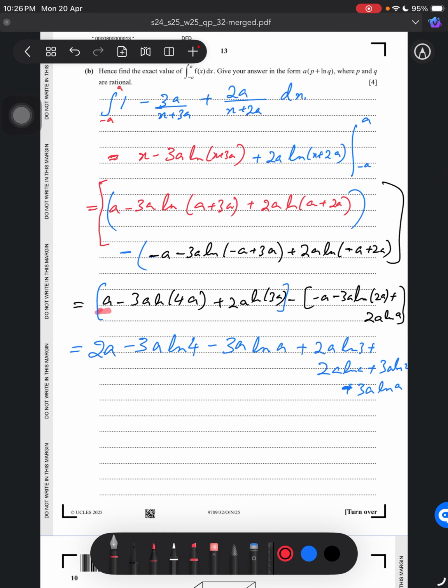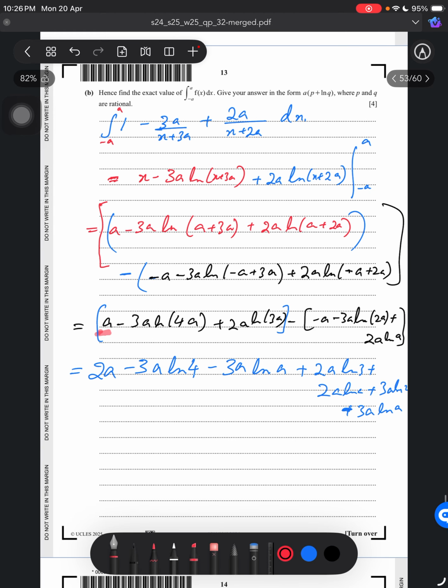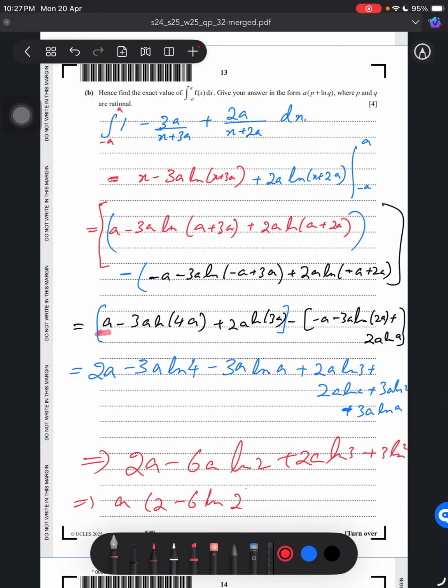So this can be resolved by simple solution, and the final answer would be 2a of ln 2 plus 2a of ln 3 plus 3 ln 2, and the common factor of this would be 2 ln 3 plus 3 ln of 2.